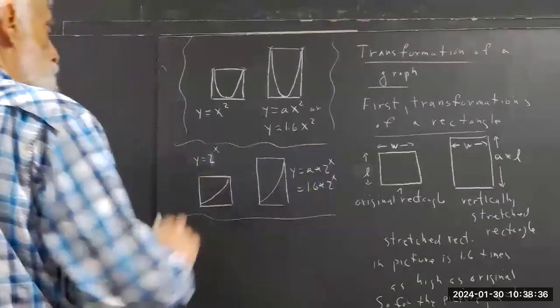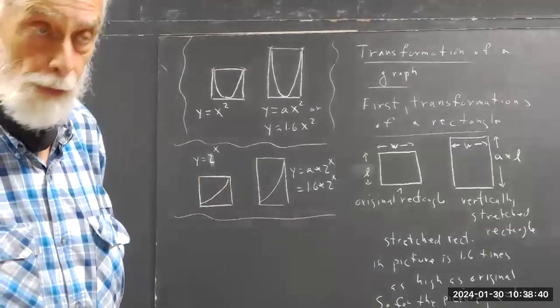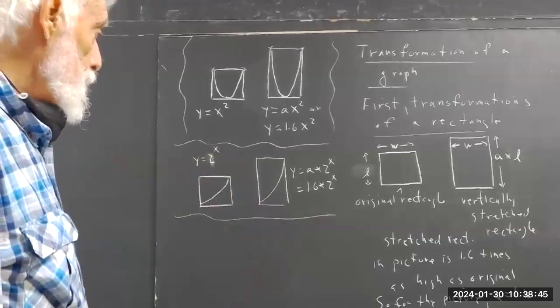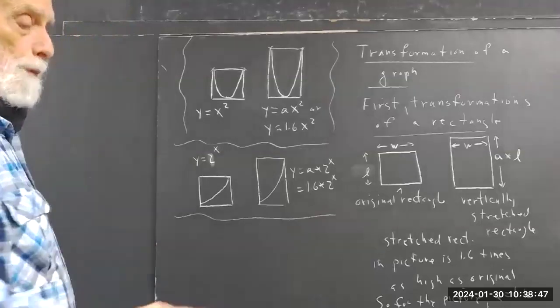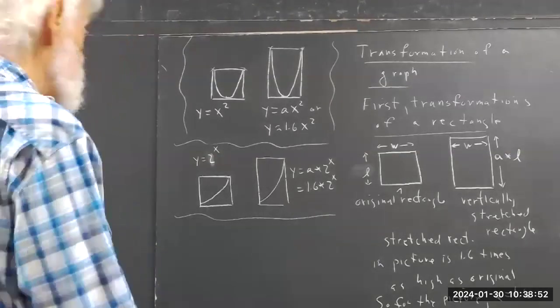Now, you might not have seen the 2 to the x function. I think it needs to be introduced right at the beginning of the course along with the others, because it's easy to construct and it's easy to calculate if you don't try to calculate it for fractional values of x. Okay.